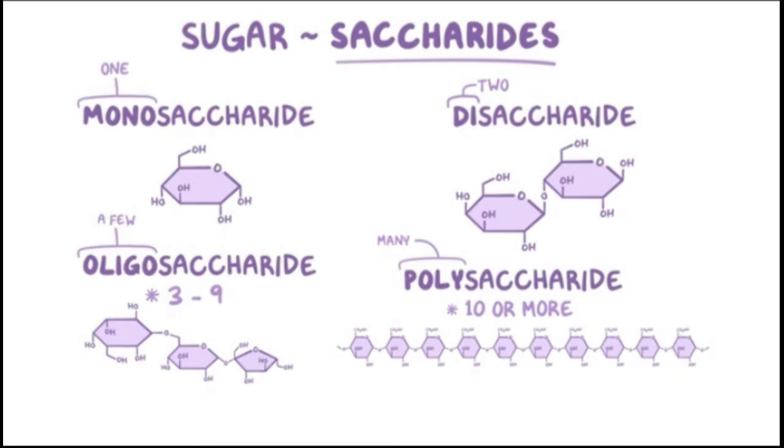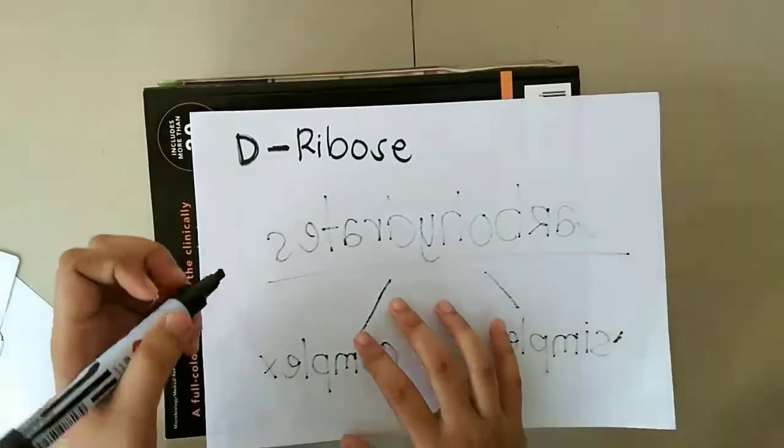Disaccharides, di means two, so it has two molecular structures. Oligosaccharides, oligo means few, so it has 3 to 9 molecular structures. And the last classification is polysaccharide. Poly means many, so it has 10 or more molecular structures.